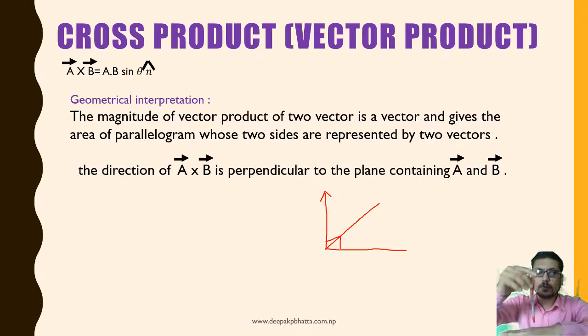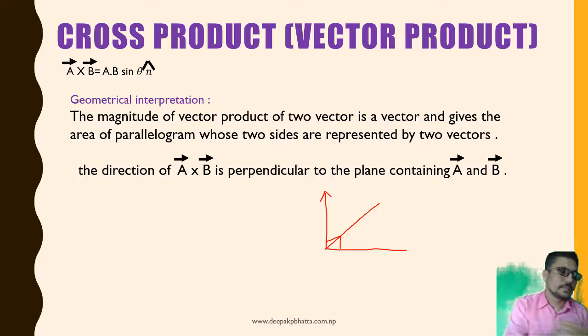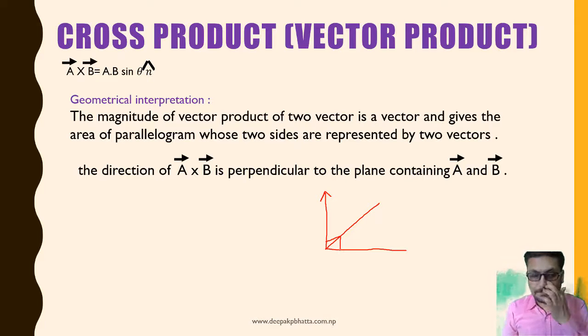If A cross B is a third vector C, then this C vector is perpendicular to that plane. This is the cross product, and this is the geometrical interpretation of the cross product.